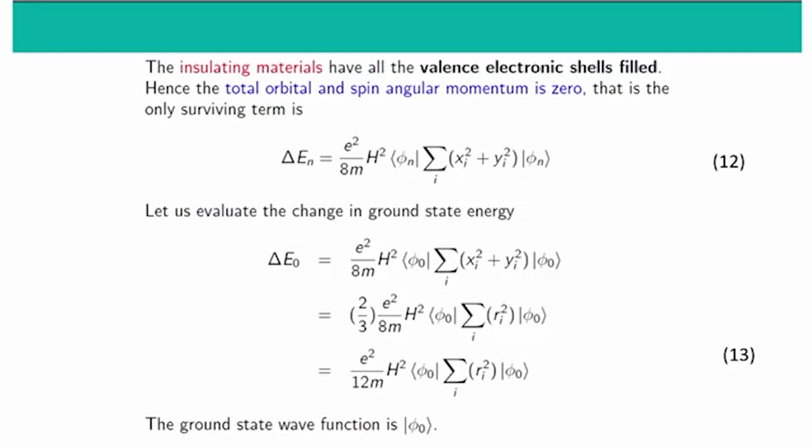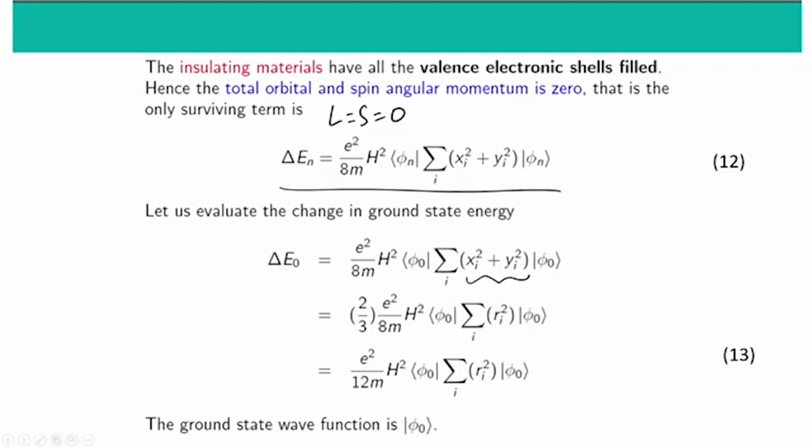And if you really talk about an insulating material, then the total orbital and the spin angular momentum quantum numbers are 0, which means L equal to S equal to 0. So, we have only corrections coming from the second term or the last term, and that will give us a correction if you do it carefully. Then you have to calculate the expectation value of xi square plus yi square, which are nothing but the planar coordinates of these atoms.